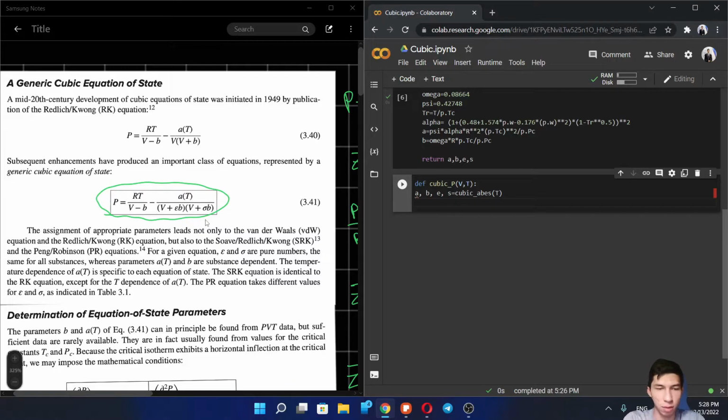Okay, let's write our equation now. It must be tabbed, right? Okay.